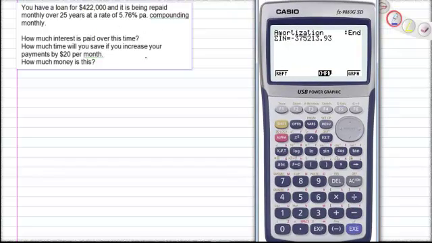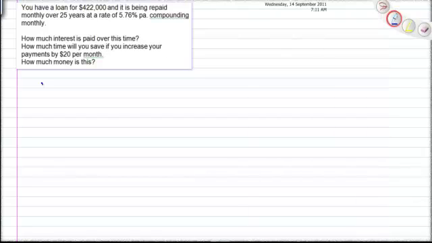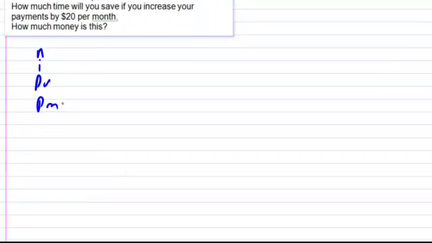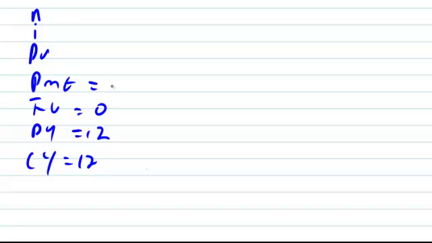The next part of the question says, how much would you save if you increase your payments by $20 per month? So you've got your calculator sitting here with your N, I%, PV, payment, future value, payments per year, compounding periods per year. Now you need to enter these in each time on your paper so we can see what's going on.